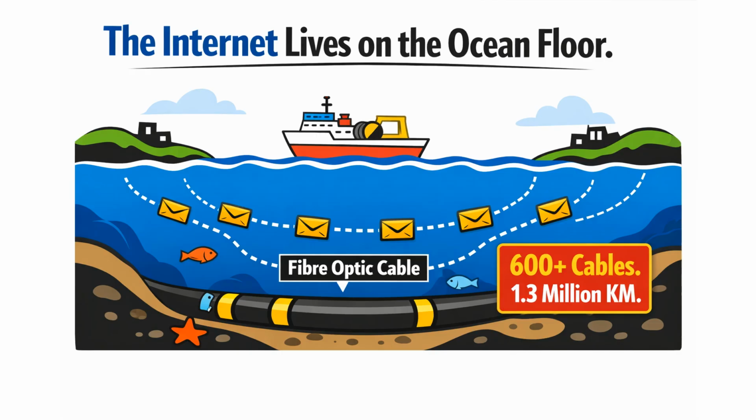Right now, there are over 600 undersea cables stretching more than 1.3 million kilometers across the world's oceans. They're about as thick as a garden hose. And they carry roughly 95% of all international Internet traffic. Every Netflix stream, every international video call, every cross-border bank transfer, almost all of it physically travels through cables on the seafloor.